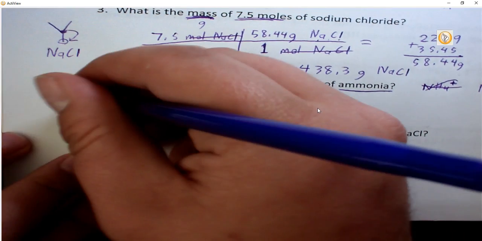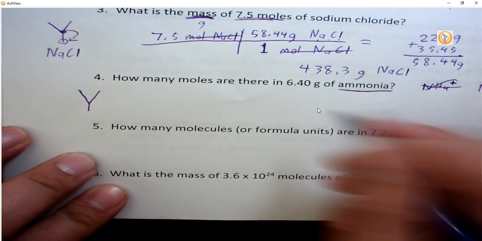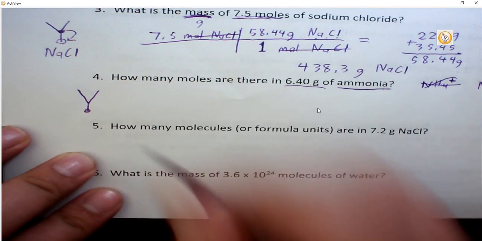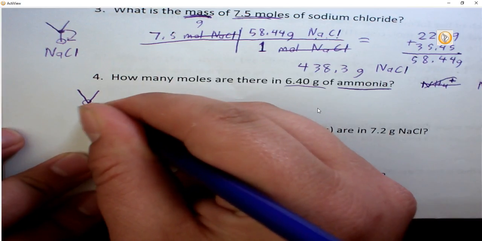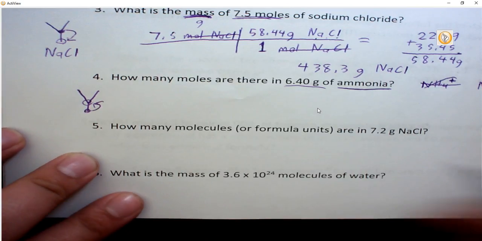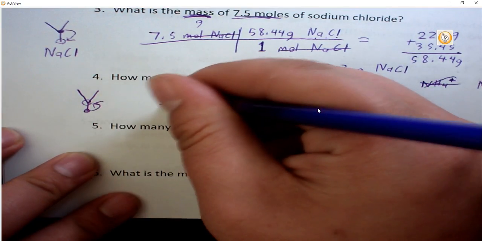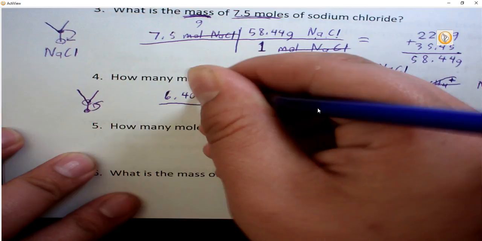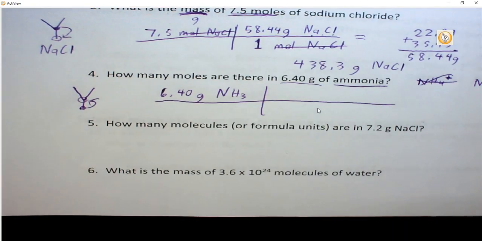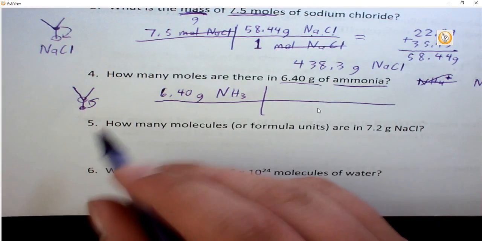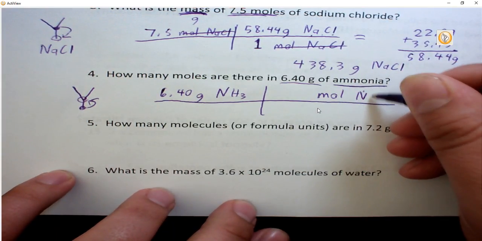We've got ammonia for our mole map here. We're starting off with grams, and we want to go to moles. So this is going to be just another one-step train track. Draw your train track, one line up and down. Begin with 6.40 grams of NH3. Since we're going from grams to moles, on the top here is going to be moles of NH3.